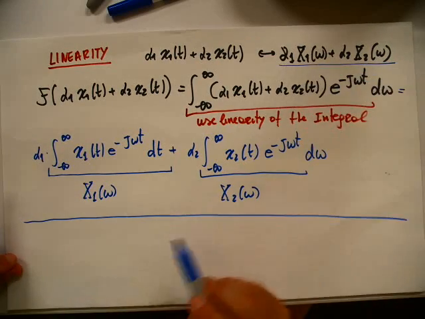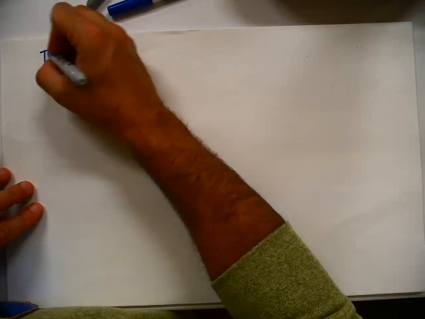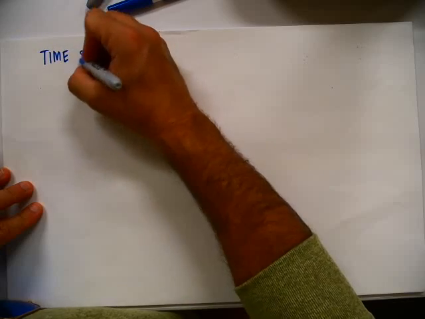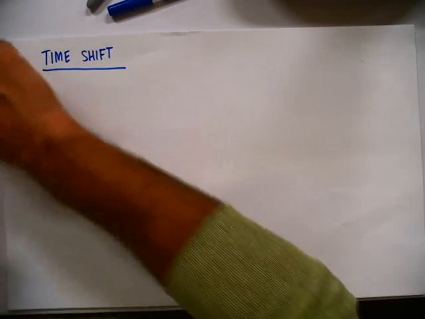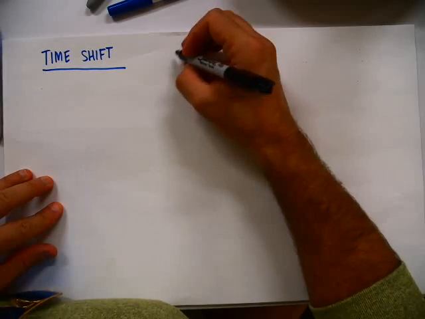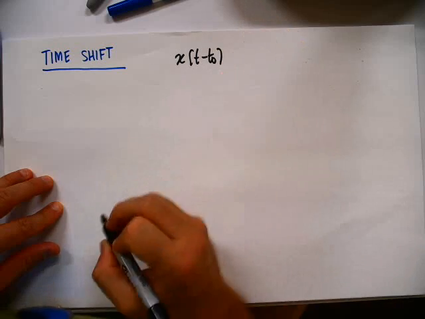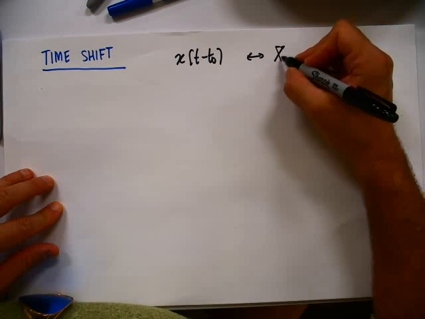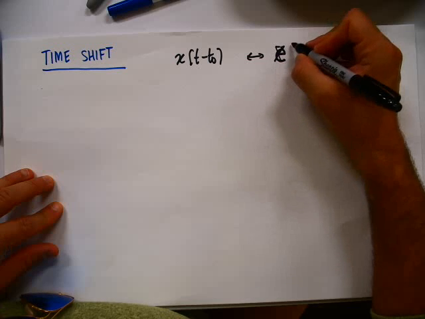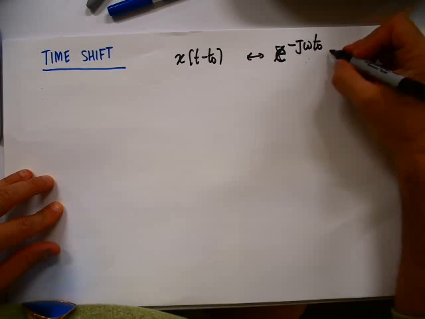Okay? Time shift. The time shift is also easy to prove, because if we have a signal shifted by t naught, the corresponding Fourier transform is going to be e to the minus j omega t naught times X of omega.